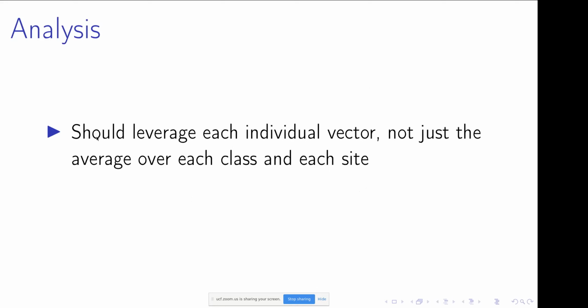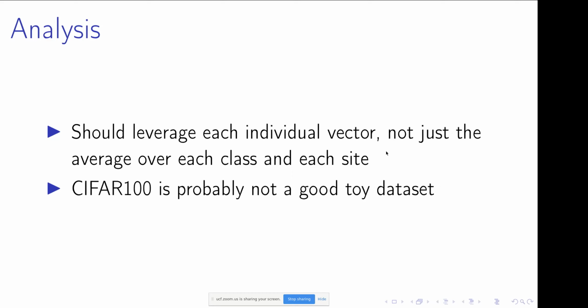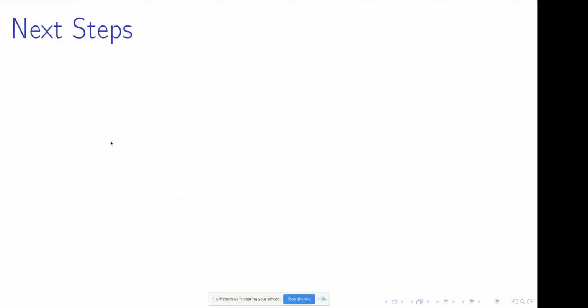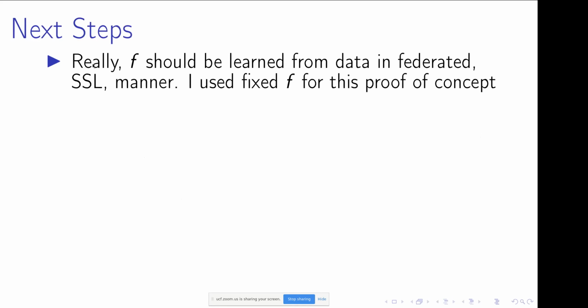Analyzing this, I think I should have leveraged more vectors here. I was really just using these vectors at inference time, but I should have used them during training more extensively. And CIFAR-100 is probably not a good toy data set for this. For next steps, for one, F should have been learned from the data in a federated, self-supervised manner.